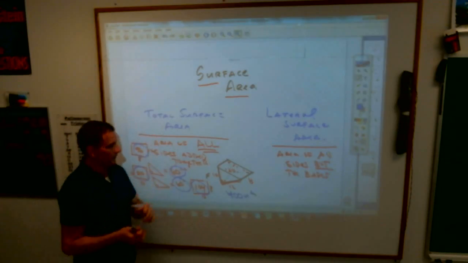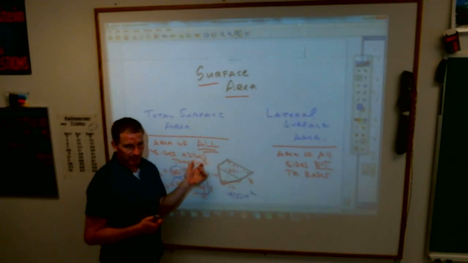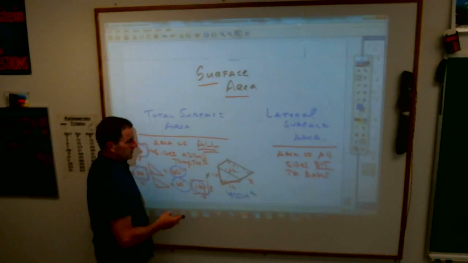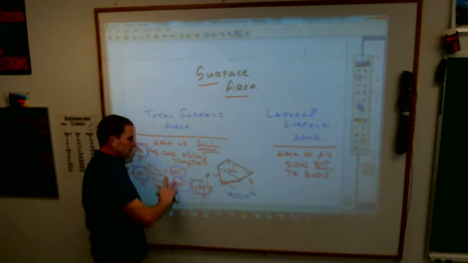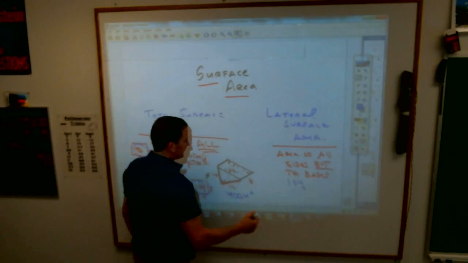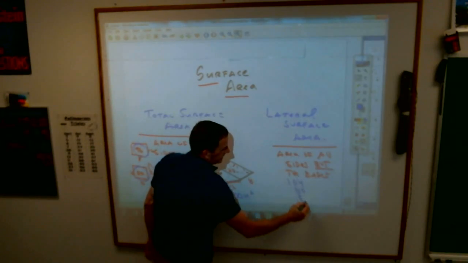What if this was a loaf of bread? What shape would it be? You'd cut that, put it in the toaster, and you keep getting the same shape. It would be the triangles. So the lateral surface area is this same thing, except you don't count the two triangles. It's going to be that 104, that 80, and that 96.